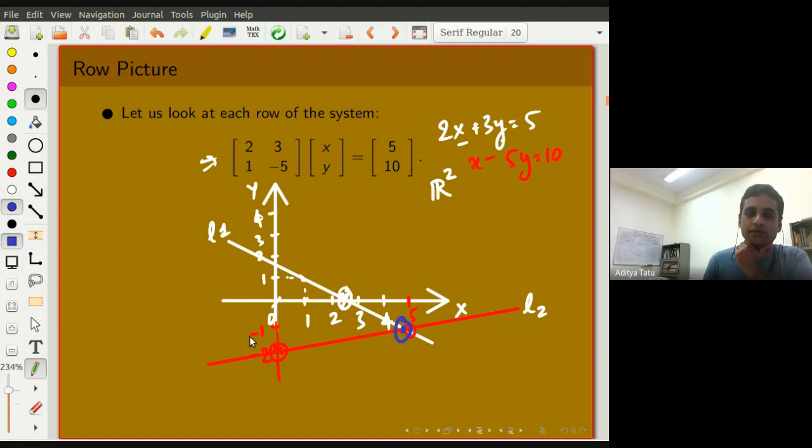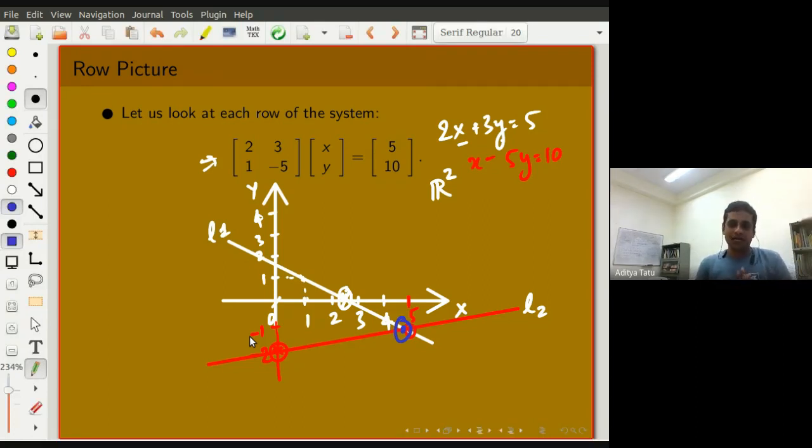Can anybody find the point of intersection? Assuming all of you know how to solve a 2 by 2 system using any method you wish, maybe you can do this yourself later on.